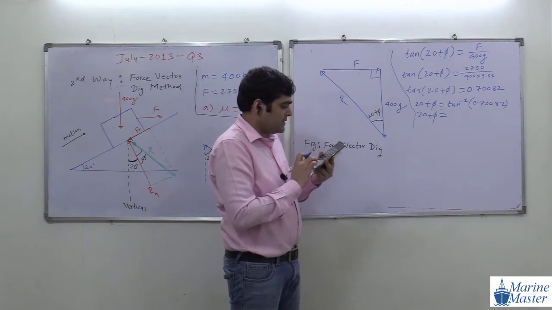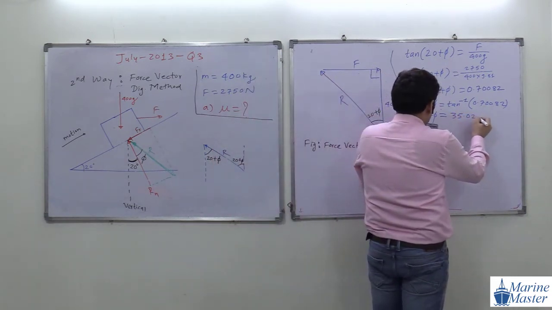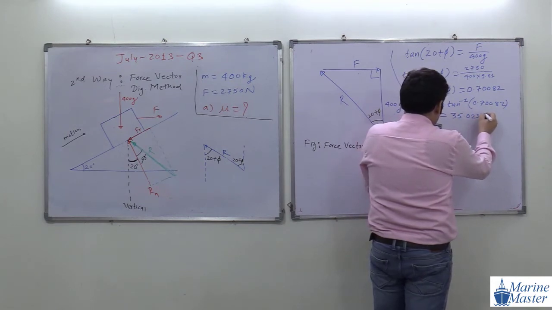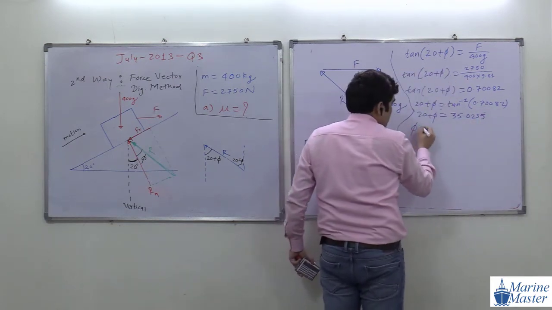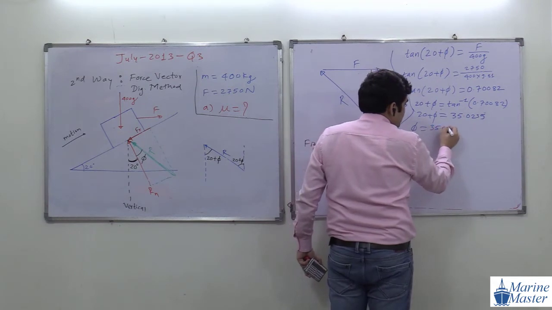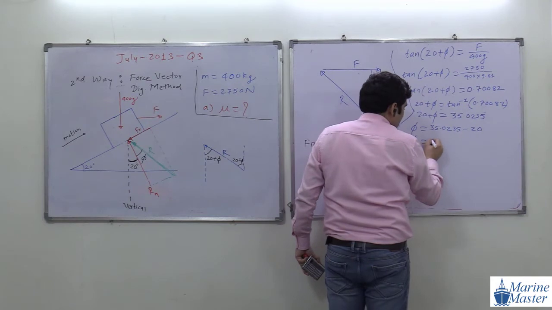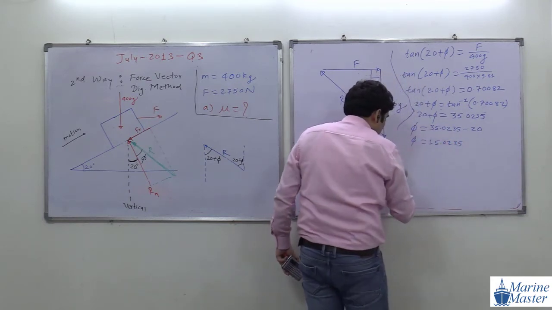How much are we getting? 35.02. So phi will be equal to 35.0235 minus 20. So phi will become 15.0235.